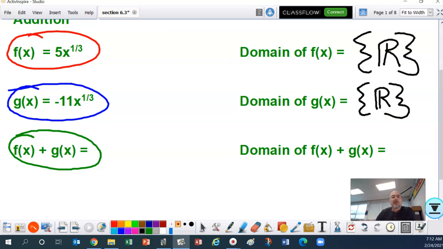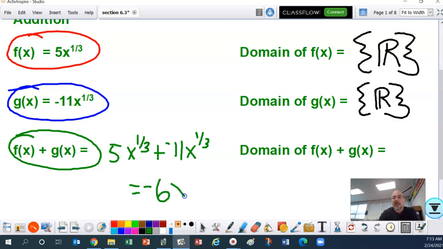Now I'm going to take those two functions and add them together. I'm going to take the 5x to the 1/3 and add it to the negative 11x to the 1/3. So 5 plus negative 11, that's going to be negative 6x to the 1/3.